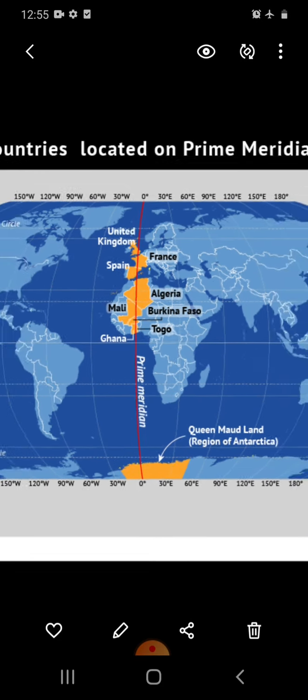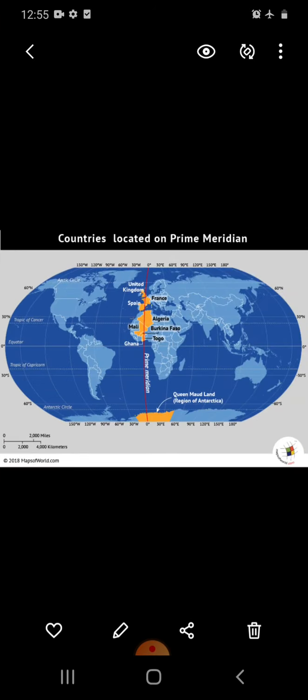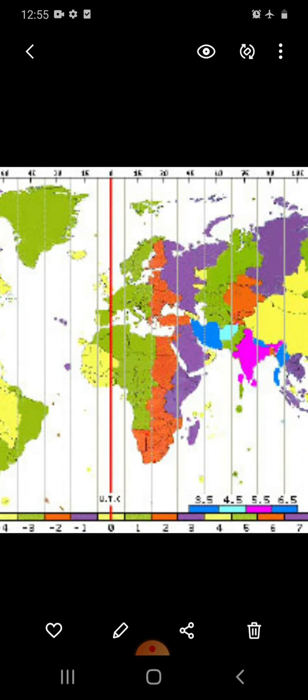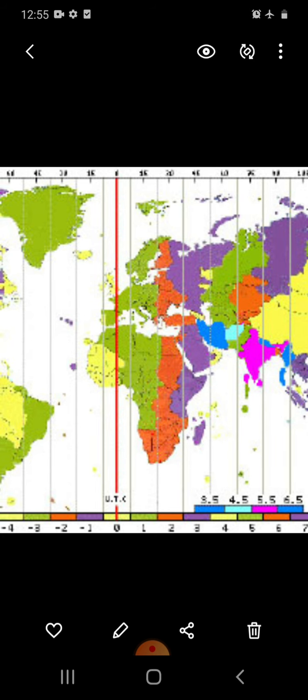See, the 0 degree longitude, then after 15, 30, 45, likewise the meridian is divided, and at the bottom 1, 2, 3, 4, 5 is given.